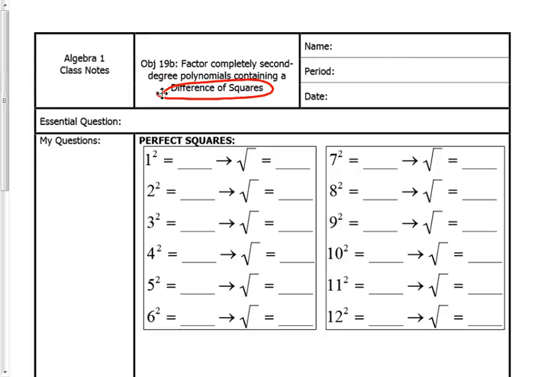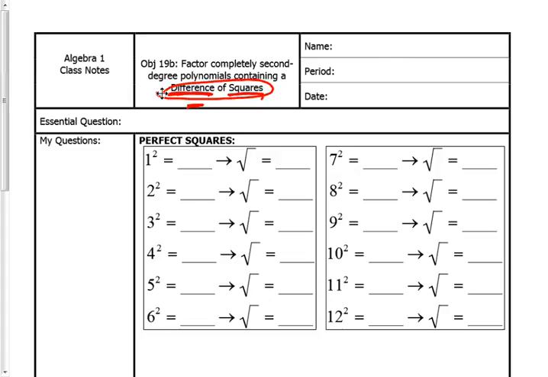And the word difference in math also means subtraction, right? So this time what we're going to see today is a minus sign, definitely, and squares comes from the term perfect squares. You might remember perfect squares: anytime you multiply a number by itself, it creates a perfect square.